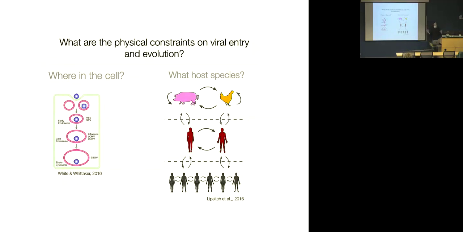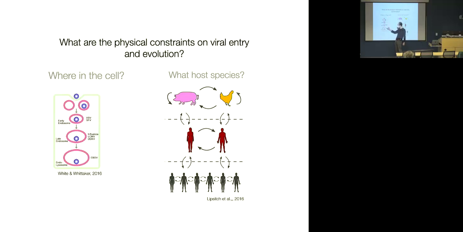And we're interested in questions about what are the physical constraints on viral entry, and also how viruses might evolve to cross host species or evolve in time for more efficient infection. So we're interested in what physically and mechanistically controls where in a cell a virus might infect. This is a schematic of a virus. We'll talk through this more later, but binding at the plasma membrane and going through the endocytic pathway.